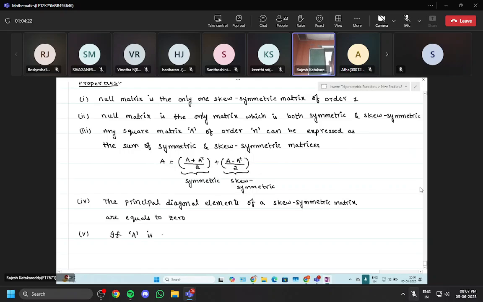If A is symmetric, then A power n is also symmetric.